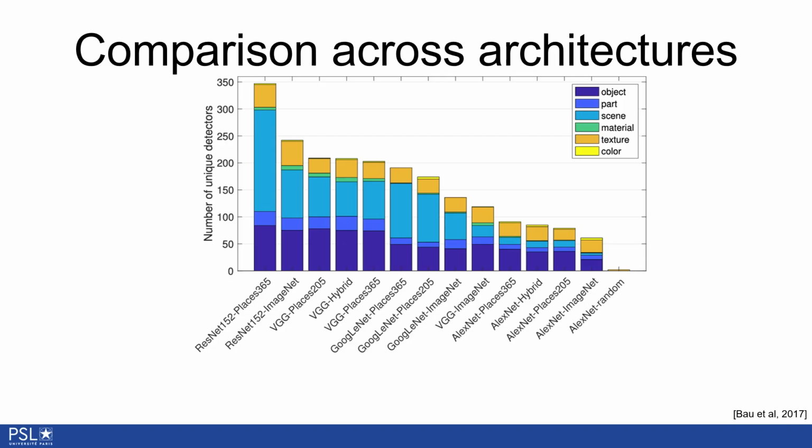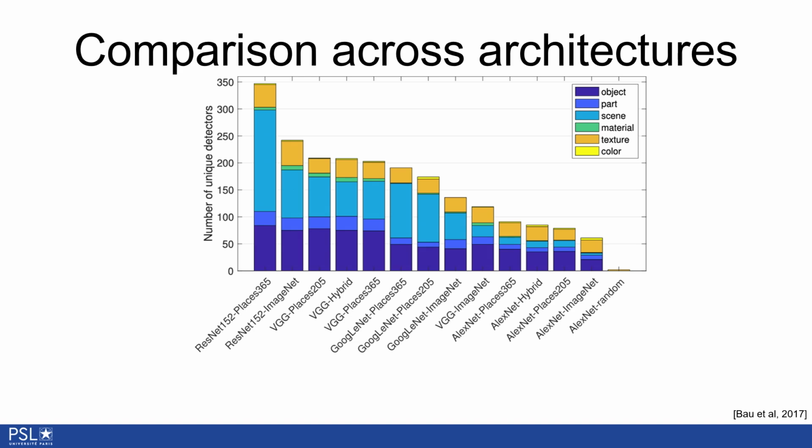We have just seen how this quantification can be used to compare different layers in a trained network. It can also be used to compare different networks. This figure shows an extensive comparison between different types of convolutional networks such as AlexNet, VGG, GoogleNet, or ResNets. Each of the networks was moreover trained on a different dataset, including ImageNet and different datasets for places.